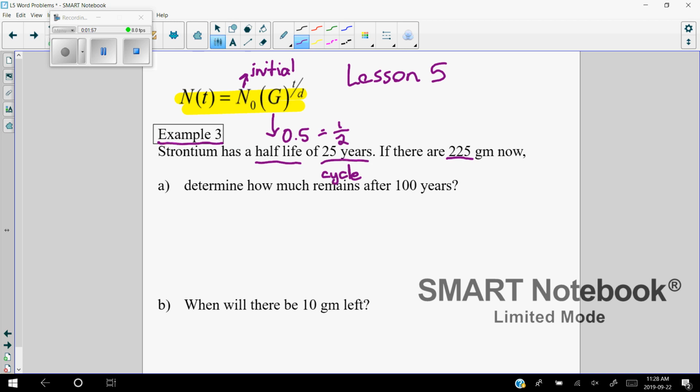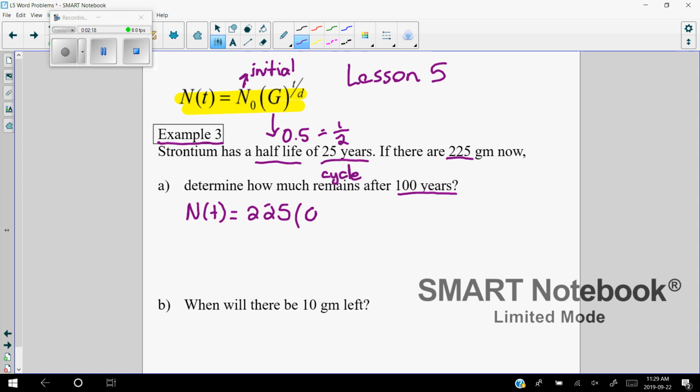So you're going to be given one of those pieces of information, in this case the 100 years, and you're going to sub that into your equation with the rest of the other things. So we're trying to find N of T. We know N naught is 225.